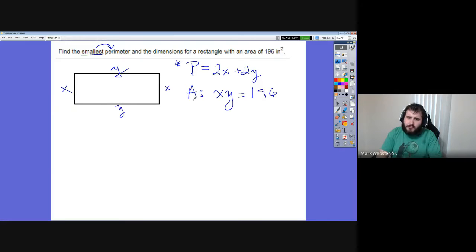So what I'm going to do is take this area and solve for Y, so I can have everything in this perimeter in terms of X, so I can take the derivative with respect to X. Here, I'm going to divide the X over, right? So now I'm going to put this into the perimeter formula: 2x plus 2 times y.